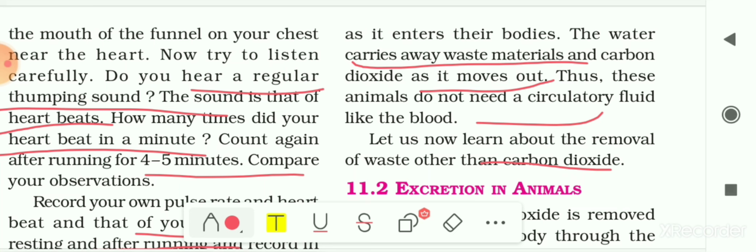Other than carbon dioxide, there is undigested food, and while performing various functions in our body, some other waste materials are also produced. So how to remove those waste materials from our body? For that, the excretory system is there in our body. How this system works and which organs are important in it, we will learn in the next video.